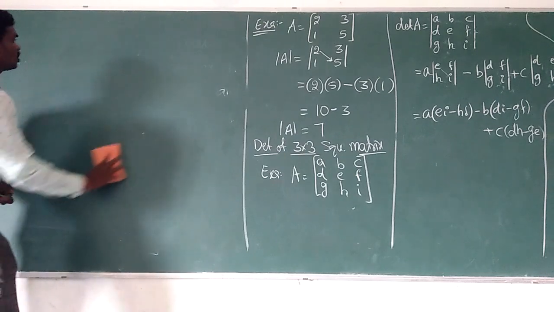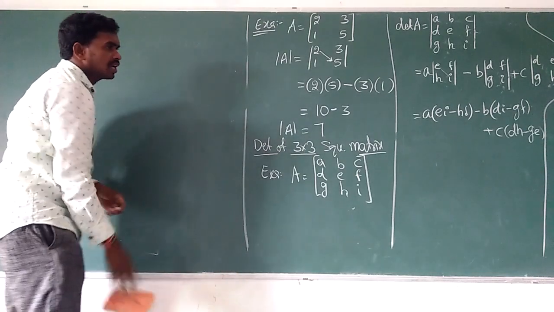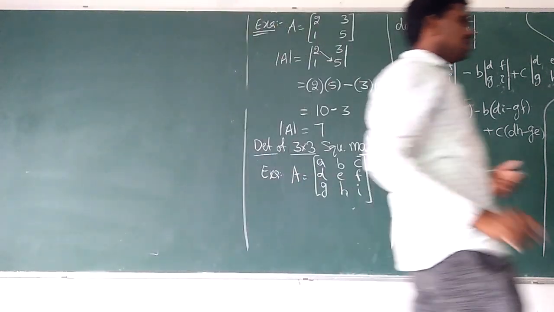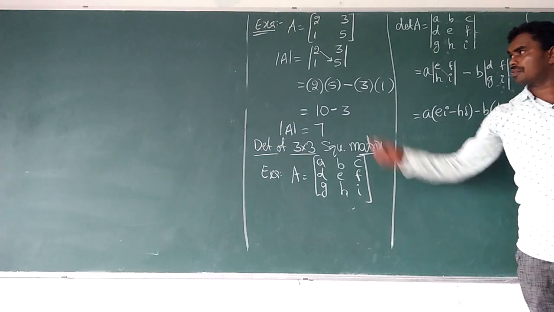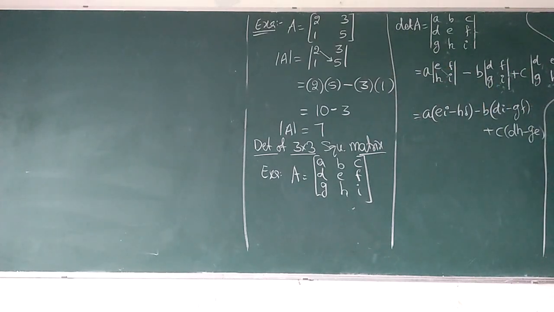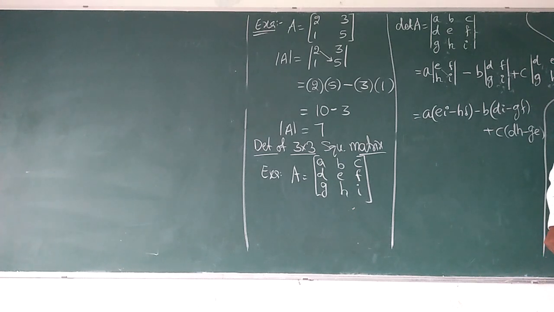I told the procedure. Now I am going to take one example. This is not only an example, this is a 2 marks question. I am going to explain this determinant concept. Already 31 very short questions are over in previous videos. So now the next sum will be the 32nd.